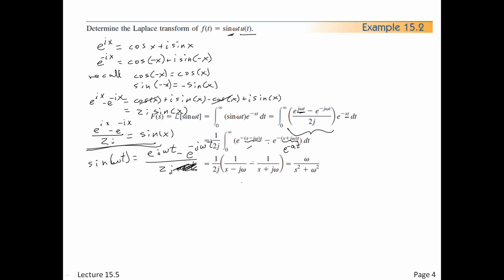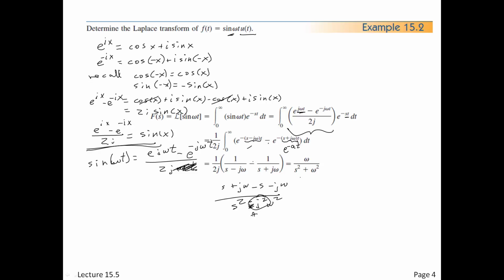This would be s plus j omega, whoops, right, minus s minus j omega all over the product s squared plus j squared, whoops, minus j squared omega squared, and a minus j omega turns this into a plus.